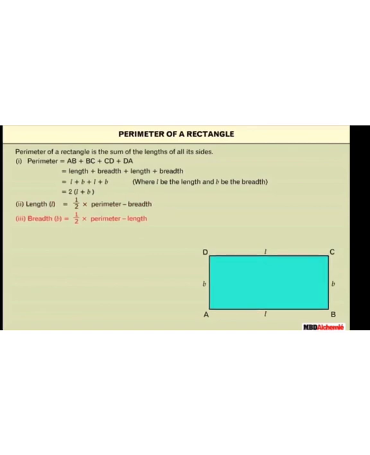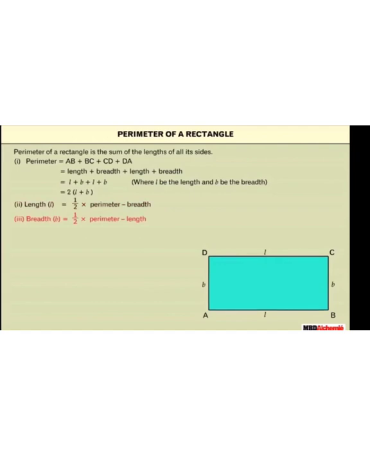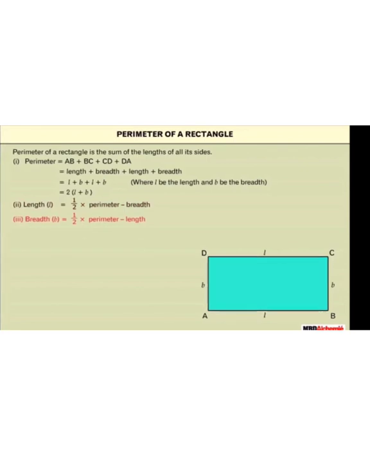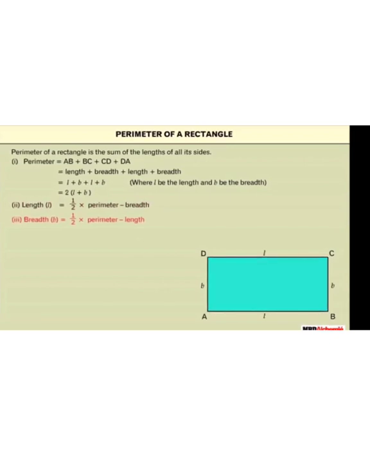Means the perimeter of a rectangle is equal to 2 into (L plus B), or 2 into (length plus breadth). Also remember, the length of a rectangle is equal to half perimeter minus breadth, and the breadth of a rectangle is equal to half perimeter minus length.